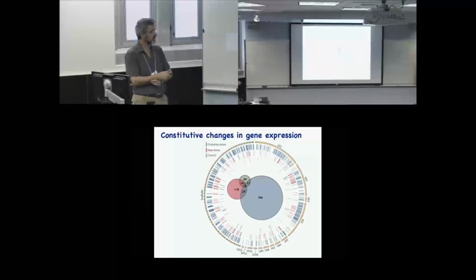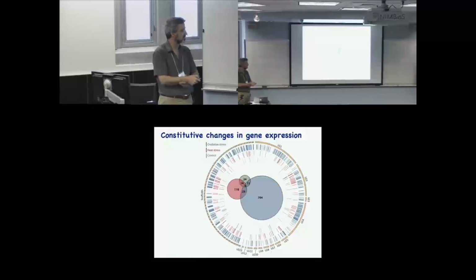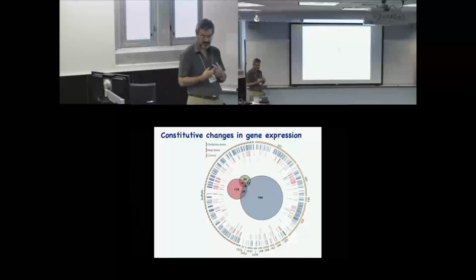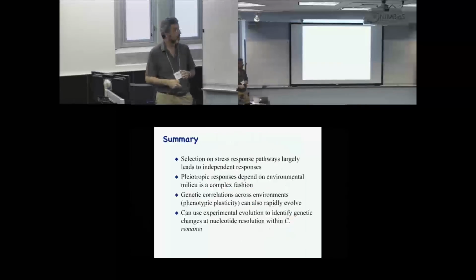And we can also look at this at the level of gene expression, where we see many genes are upregulated in the oxidative stress, and a smaller number, but still quite a few, significantly upregulated in heat stress, and a little bit of overlap between them. This is the control. So by and large, what we find is that when we select on these traits, we're able to separate them.